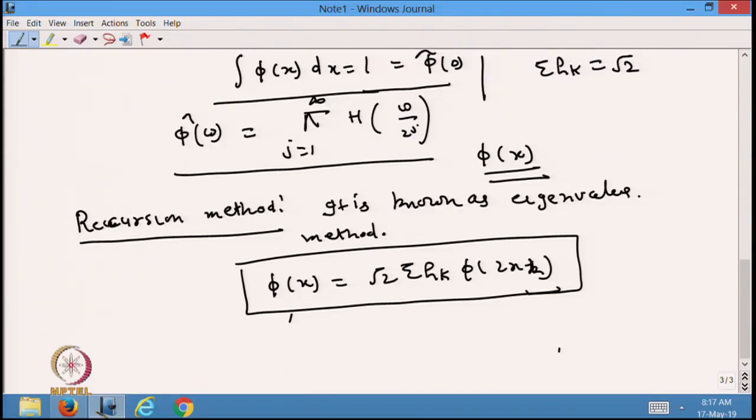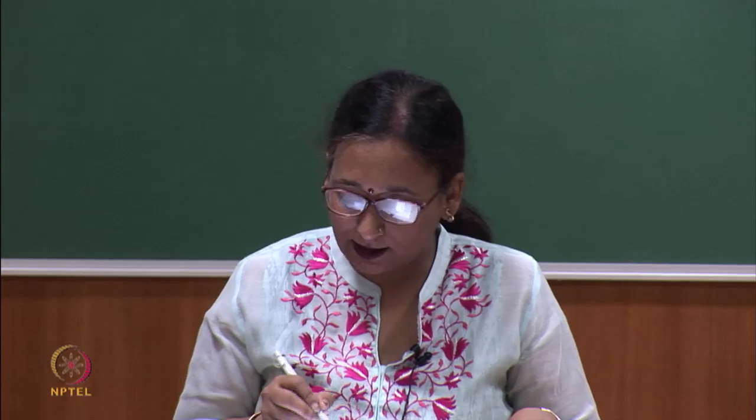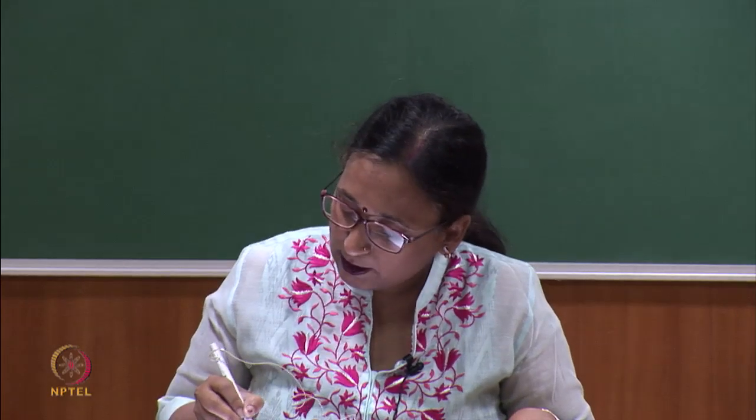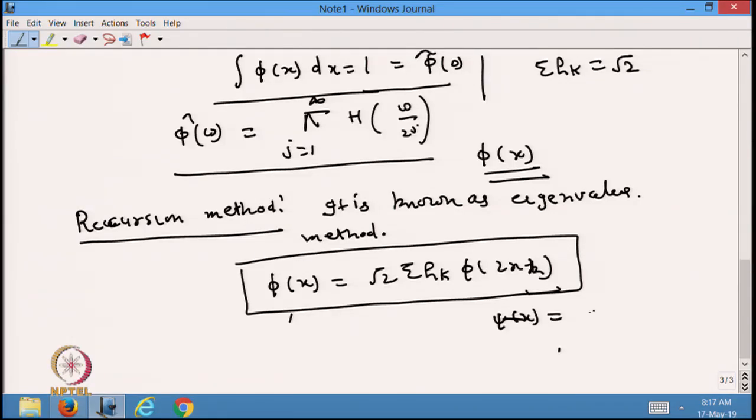So, so far I have given you an example of only one wavelet, because if you remember, when I was discussing this multi-resolution analysis, I said phi x is a box function, which was 1 in 0 to 1 and 0 elsewhere, and with the help of that box function we also wrote this relation, if you remember.